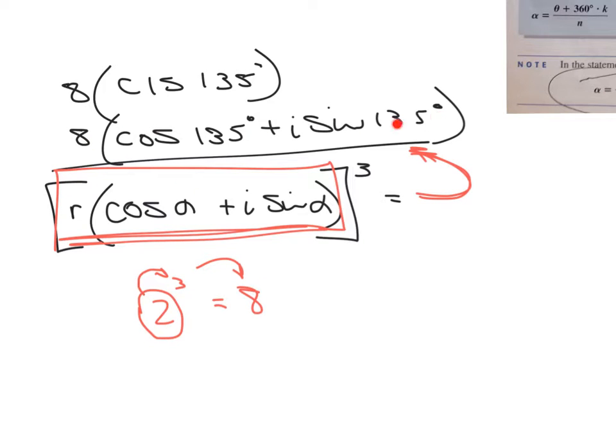That's what this whole thing is. I'm saying what number times itself 3 times will give me this, just like I'm saying, what number times itself 3 times will give me 8. What huge mess here can I take times itself 3 times that will give me this huge mess?